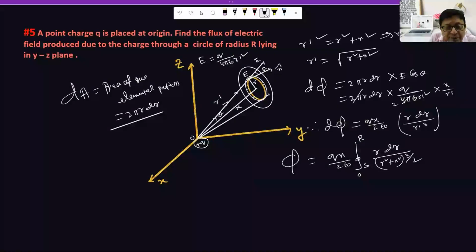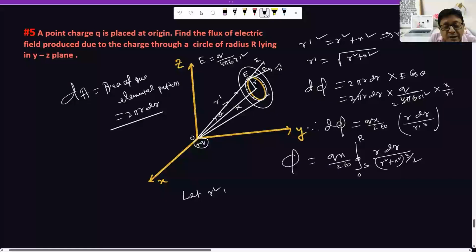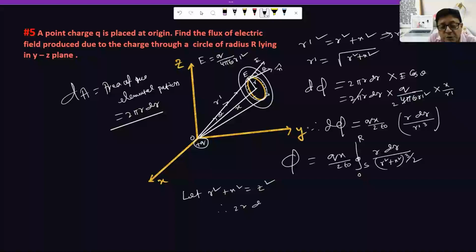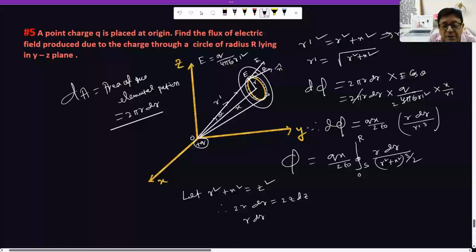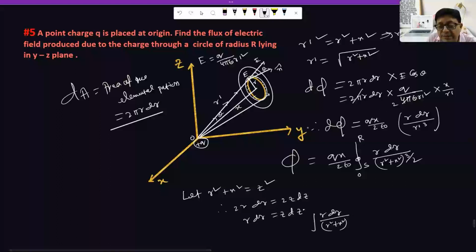How do we integrate? Let us take r square plus x square equal to z square. So 2r dr, after differentiation, will be 2z dz. r dr equal to z dz. So this indefinite part, if we find r dr by r square plus x square to the power 3 by 2, value is z dz by z square to the power 3 by 2.